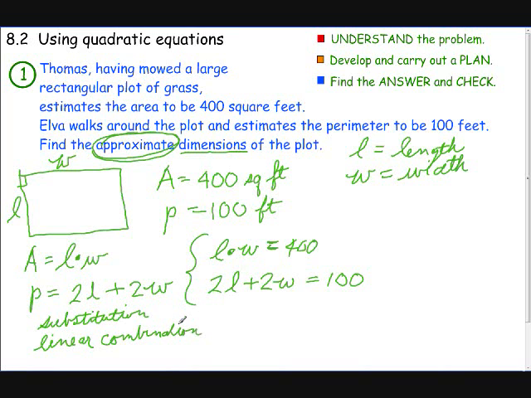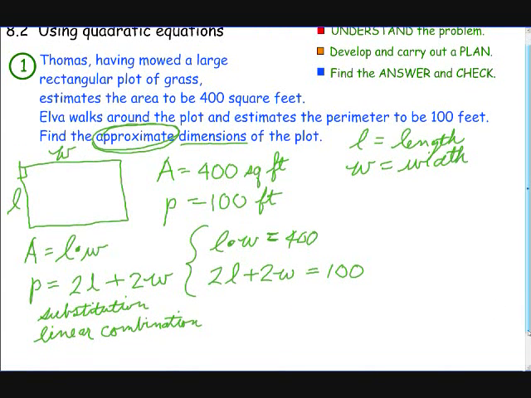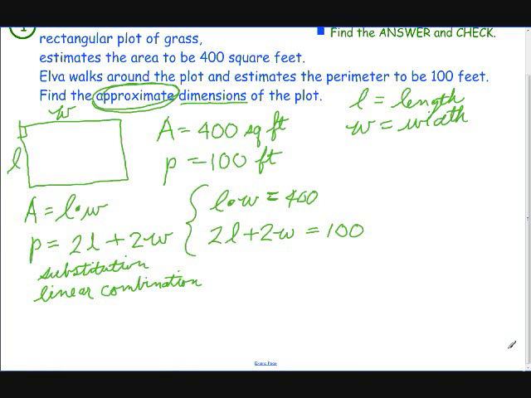In linear combination, we line the variables up, all the L's and all the W's and the constants. That's not going to work here because this is being multiplied. However, I think we could do substitution.